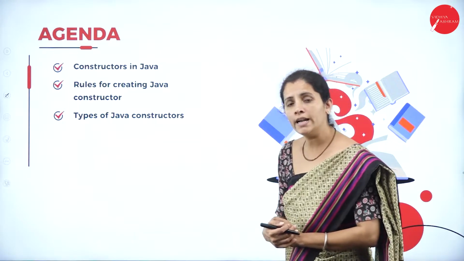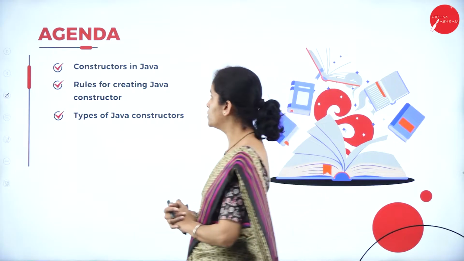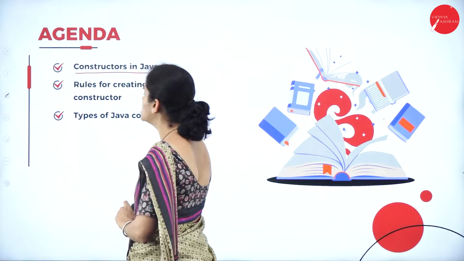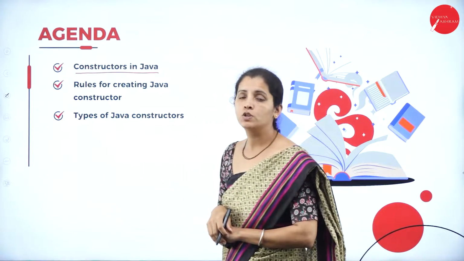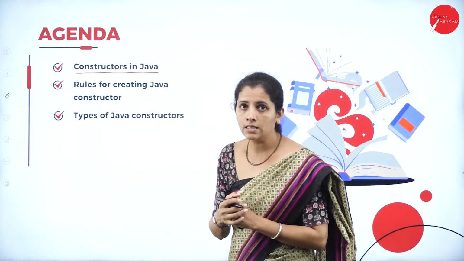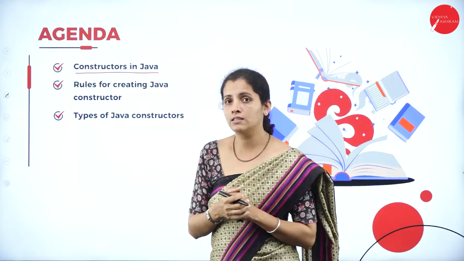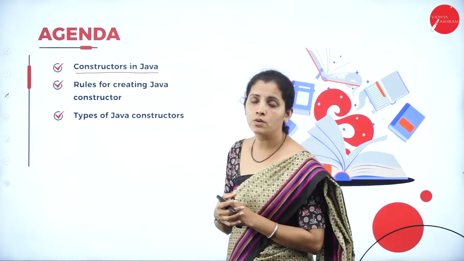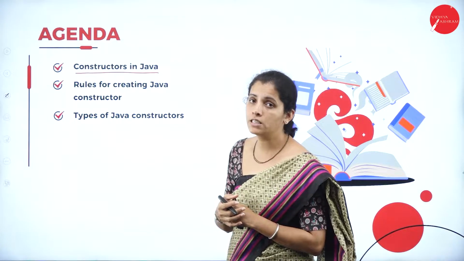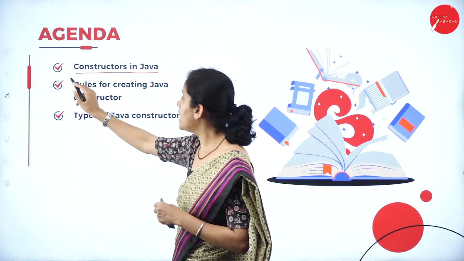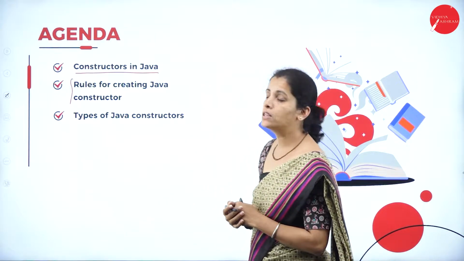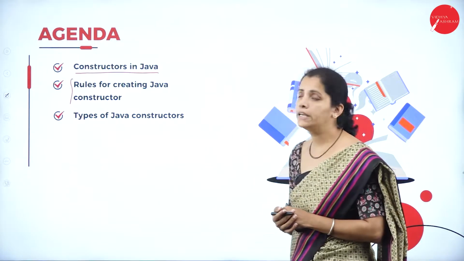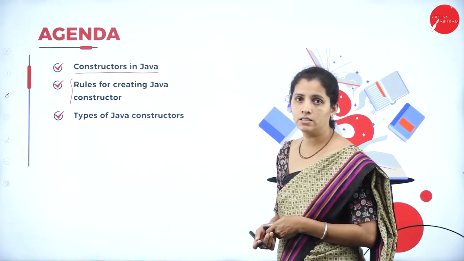Now, in today's session, I'm going to deal with constructors in Java. What is a constructor? What is the use of a constructor? What are the different types of constructors we have in Java? Along with that, I'm going to deal with the rules for creating a Java constructor.